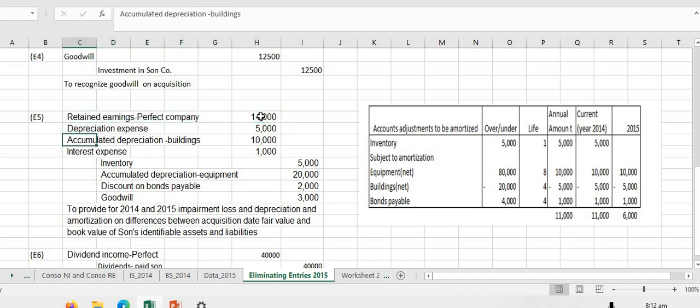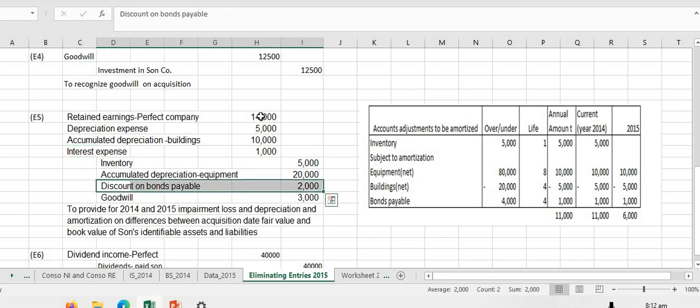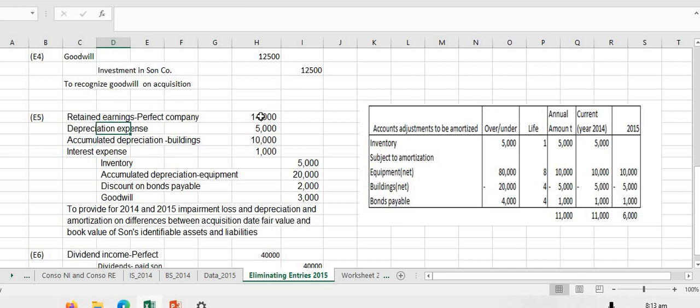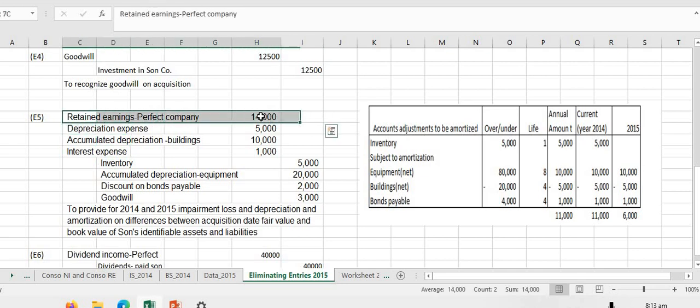And then, for our bonds payable, right? We have interest expense for the current year and 1,000 for the previous year. That's why we've credited discount on bonds payable at 2,000. And of course, the goodwill will be credited at 3,000, because we had goodwill impairment loss of 3,000 last year. So, bearing the effect of that, we have here retained earnings debited at 14,000.